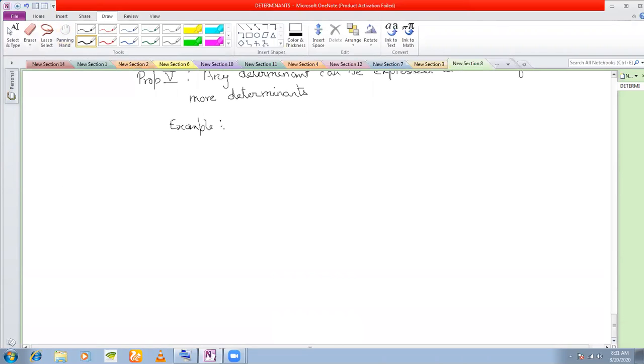Suppose I have a determinant like this. Then this is one determinant, and it can be split into three determinants.